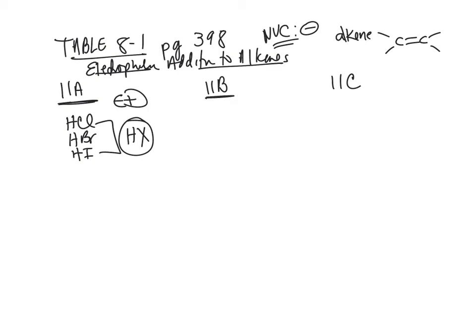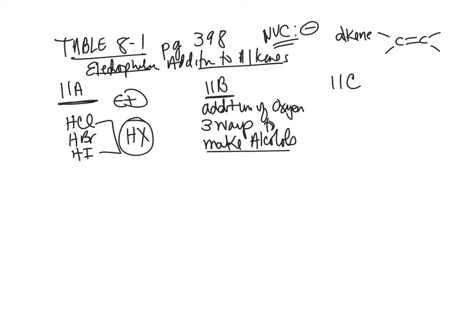11B is going to talk about the addition of oxygen. And you're going to do 3 ways to make alcohols. So you're going to go from an alkene to an alcohol. Now on 11A, we went from an alkene to an alkyl halide.